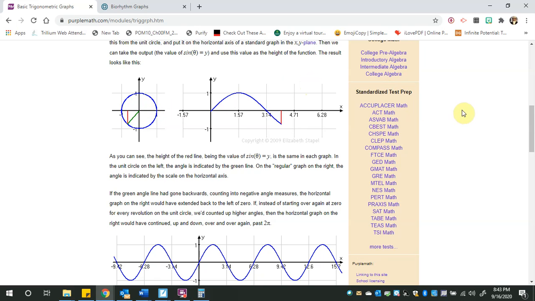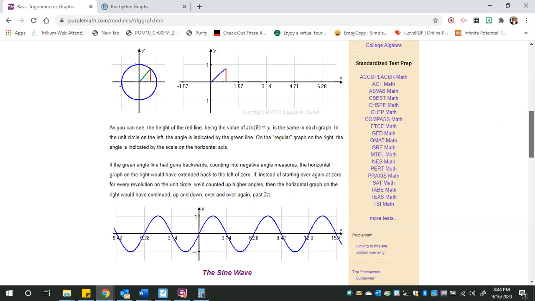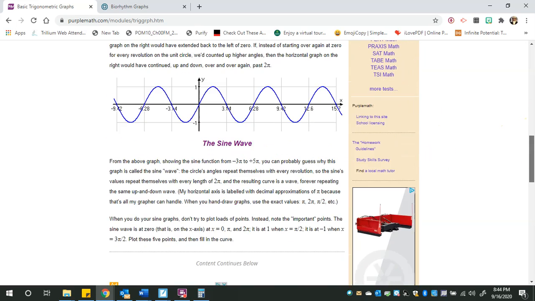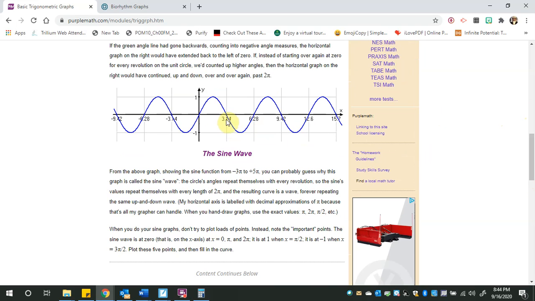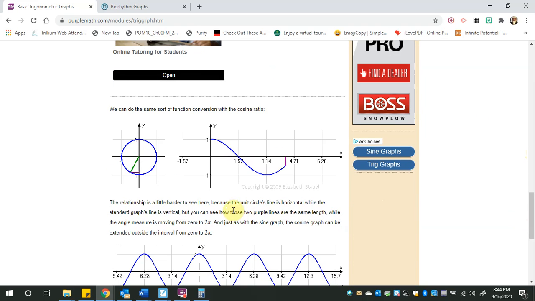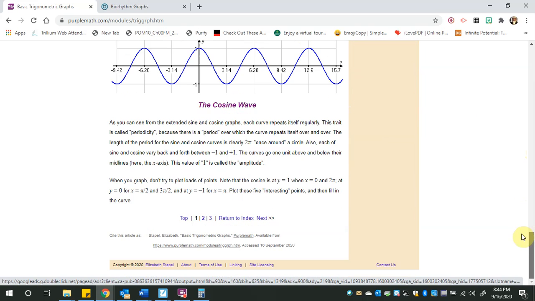So here is the y equals sine x picture in full, the sine wave, the sine curve. And you'll see that instead of using pi and 2 pi and 3 pi, they've used the decimal equivalents. And then if I take you down a little further, there's cosine. Same kind of deal, and here's the cosine curve. So just in case you think I'm lying to you, cosine wave.